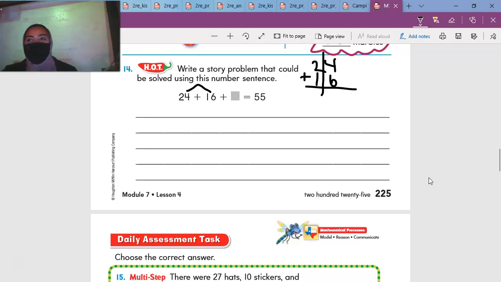And 4 plus 6 is 10. And 2 plus 1 is 3, and 3 plus 1 is 4. So 24 and 16 make 40. Now 40 plus what is 55?